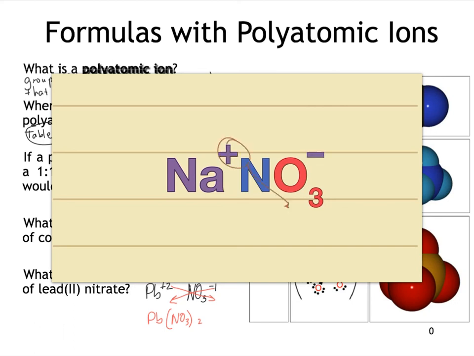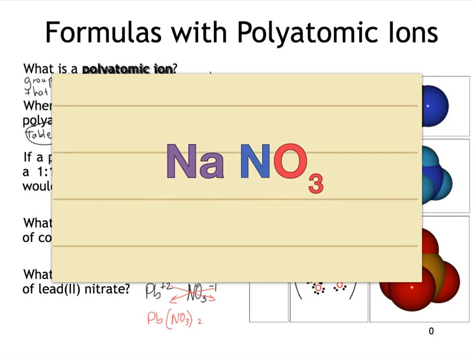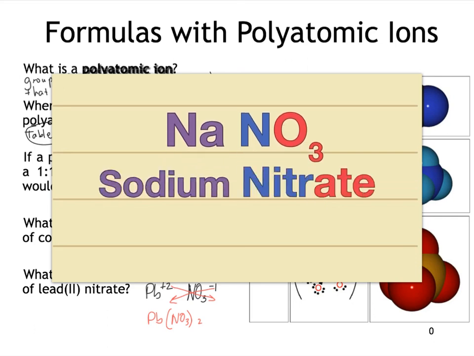Let's crisscross these charges. Since we never put 1 in a formula, the formula for the ionic compound in question is NaNO3. When naming ionic compounds made from polyatomic ions, we just write their names as they are. The name, therefore, is sodium nitrate.